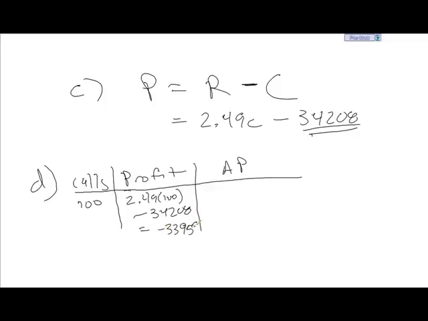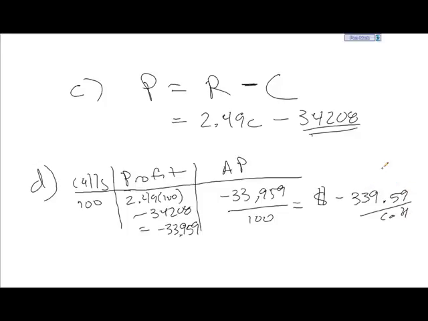So big, major losses in profit here, not enough calls, and so my average profit, per call, will be negative 33,959 total, divided by the number of calls I made, which will be negative $339.59 per call. Wow, so huge losses there.